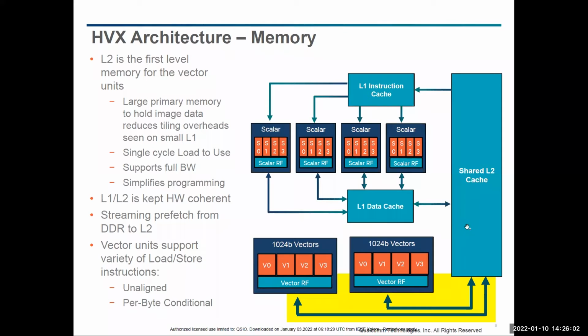But that being said, L2 also has cache misses. So the recommended approach to avoid this is to prefetch data before we actually need it. And that helps in ensuring that the data is available when the processor actually needs it, and there are no stalls in the hardware.